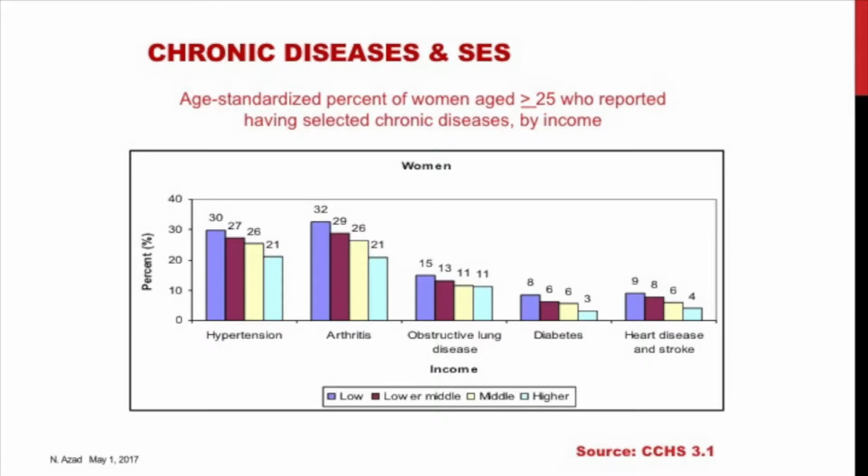And as you know, our government spends twice as much on health care in comparison to social programs, and obviously social determinants of health have a significant impact on the number of chronic conditions.